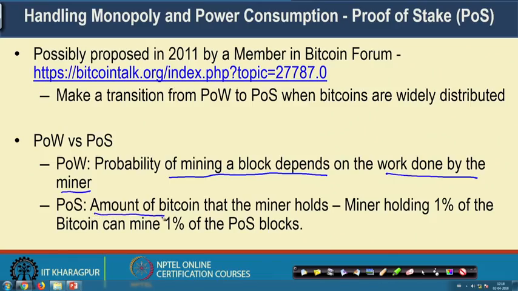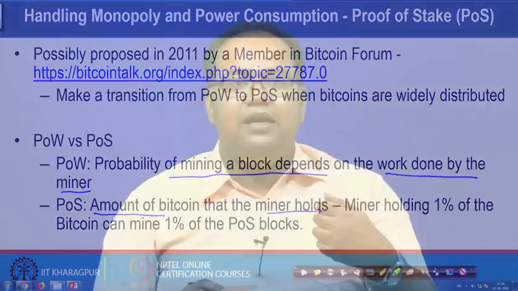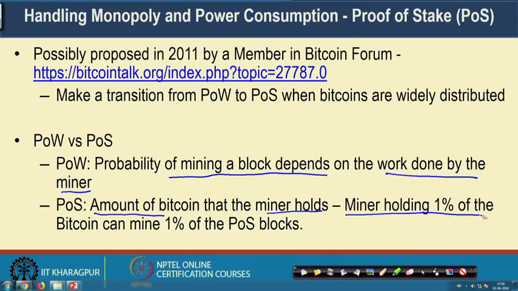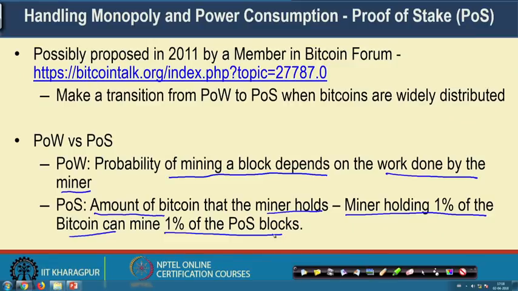On the other hand, in proof of stake, the amount of Bitcoin that the miner holds determines which miner can generate the next block. So, if a miner holds 1% of the total Bitcoin, the miner can mine 1% of the proof of stake blocks.